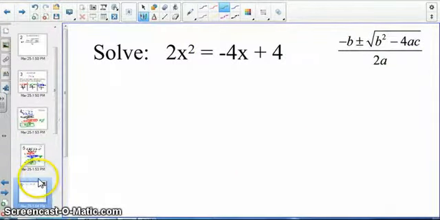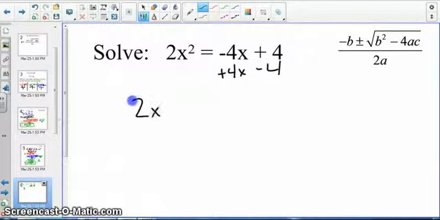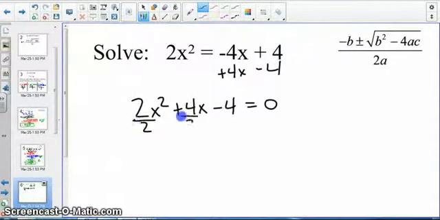This problem, 2x squared equals negative 4x plus 4. The first thing I'm going to do is add 4x and subtract 4 from both sides. So I have 2x squared plus 4x minus 4 equals 0. Now, just like with any other problem, we can factor. Look at these 3 terms. Divide them all by 2 because they're all divisible by 2.